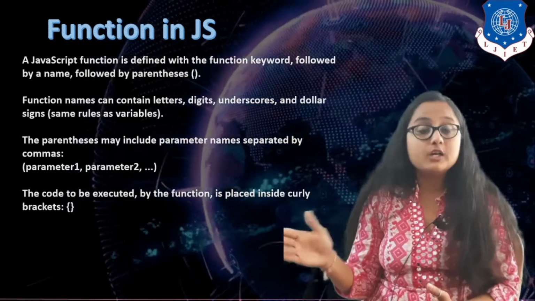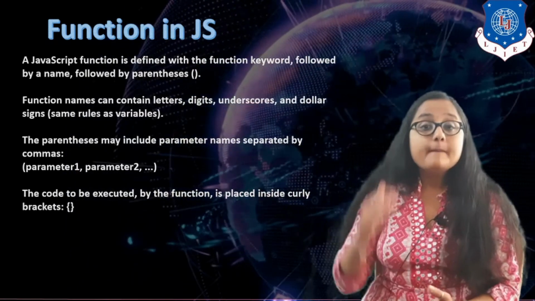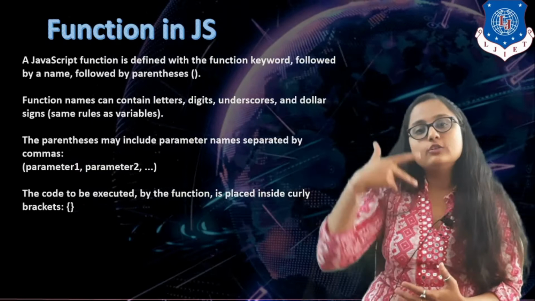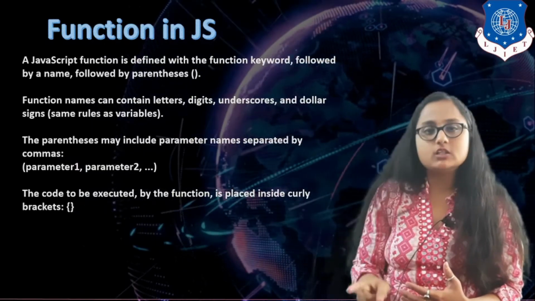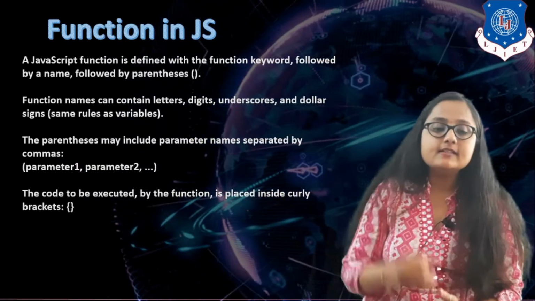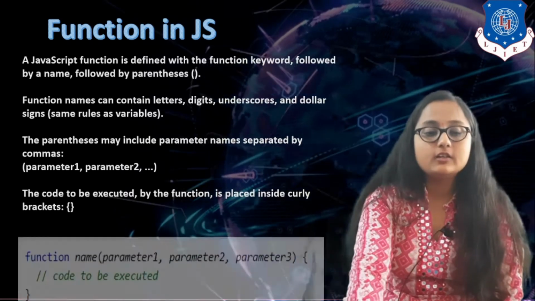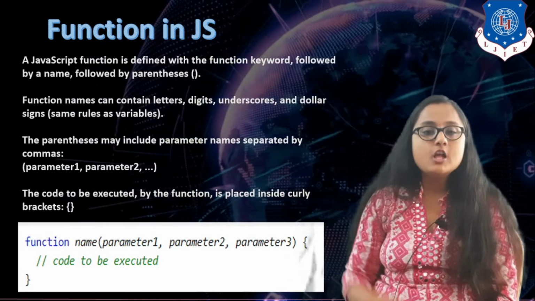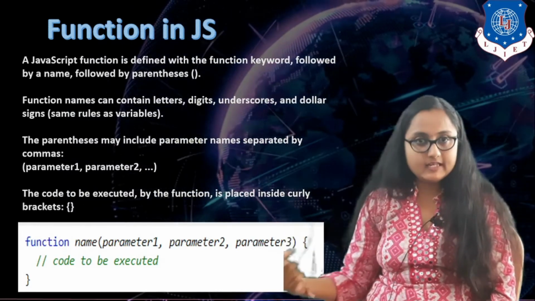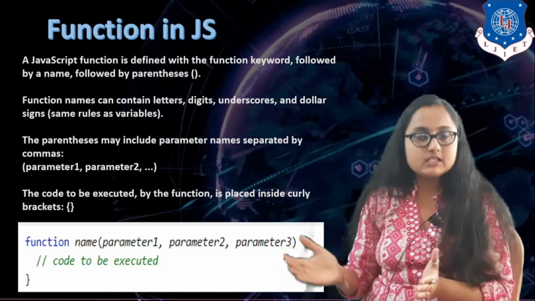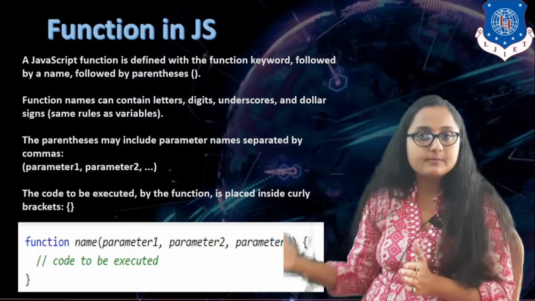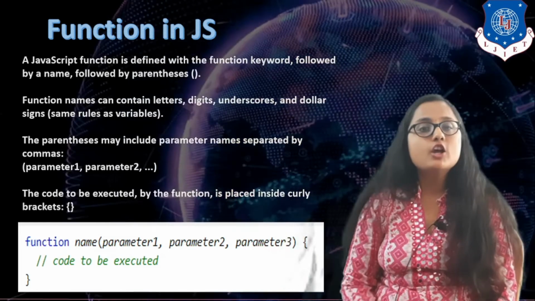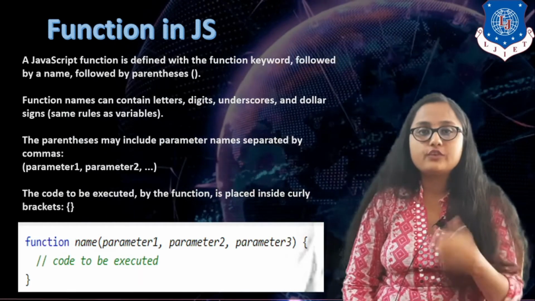If you want to skip, you can skip altogether. But where to write the code? You write curly braces start, curly braces end, and inside these curly braces you write the code which you want to execute. So here you can see the example: the name of the function, in parentheses the parameters comma separated, and inside curly braces the code of your function which you want to get executed.